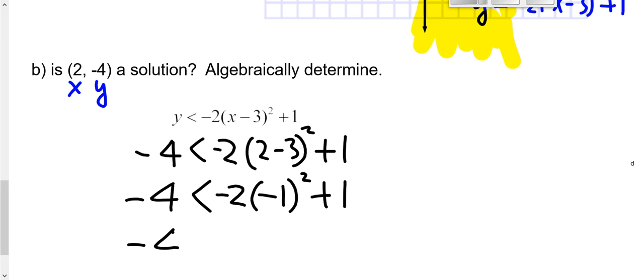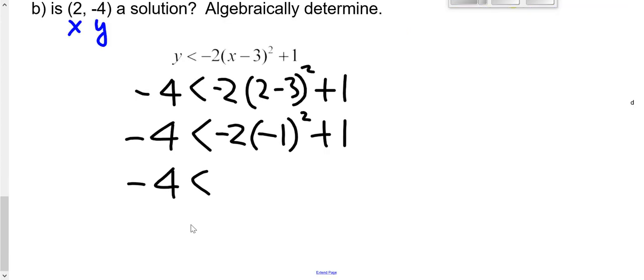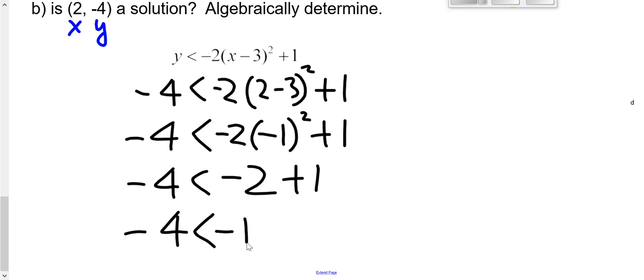After that, negative 4 on the left, and then here negative 1 squared means negative 1 times negative 1, that gives you 1. 1 times negative 2 gives you negative 2, and then plus 1, and then negative 2 plus 1 gives you negative 1. Is negative 4 less than negative 1? Or you can say, is negative 1 greater than negative 4? Of course, that's correct. So what does that mean? That means it is a solution.